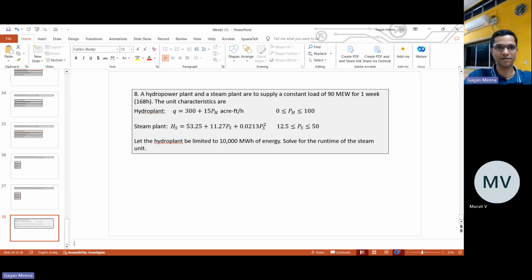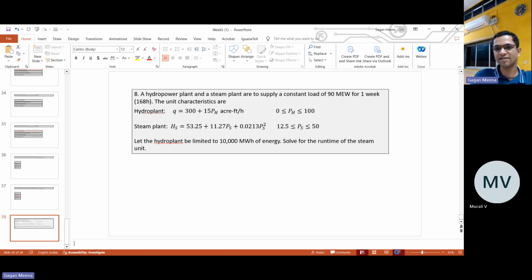And this we will discuss. Then in hydrothermal scheduling, there can be different cases. The first one, which we discussed, assumes that there are two generators, one hydro and one thermal.